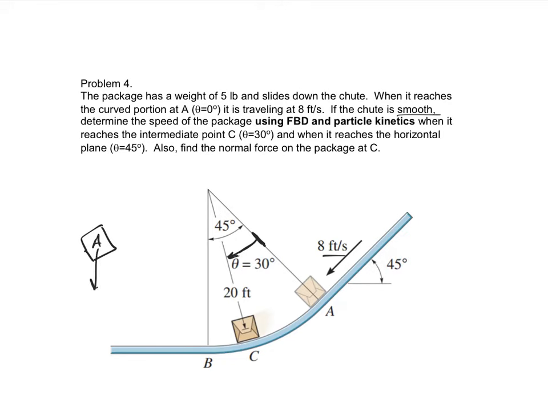I would have the weight of A acting down. I would have the normal force of the incline pushing up on A. And that's it. And my directions would be a tangential direction and a normal direction, right? This would be into the curve.